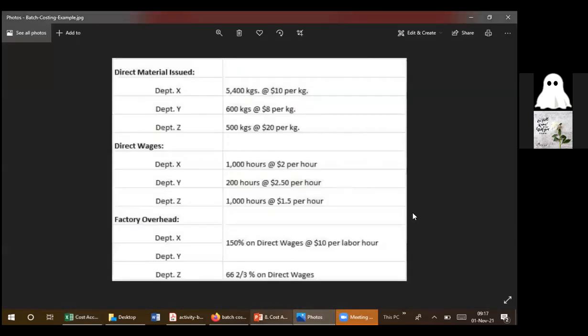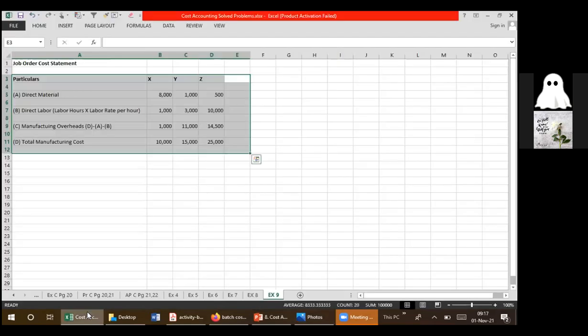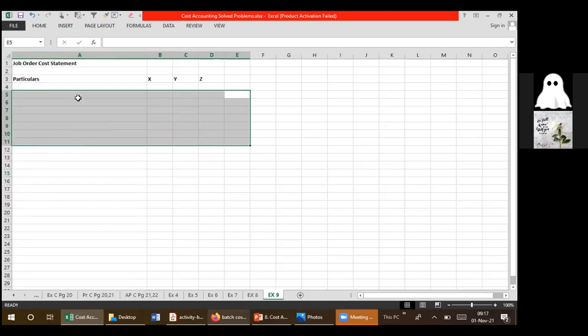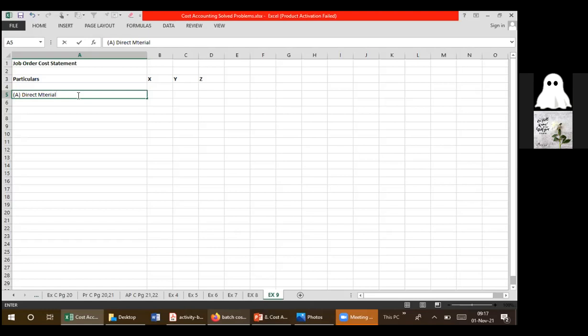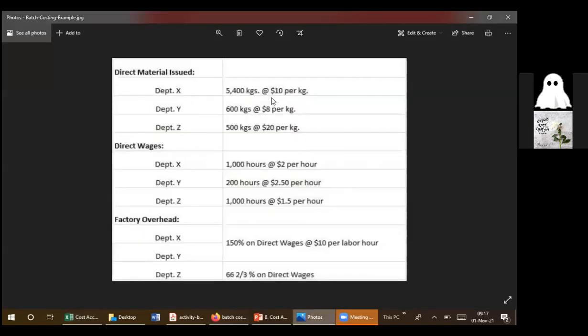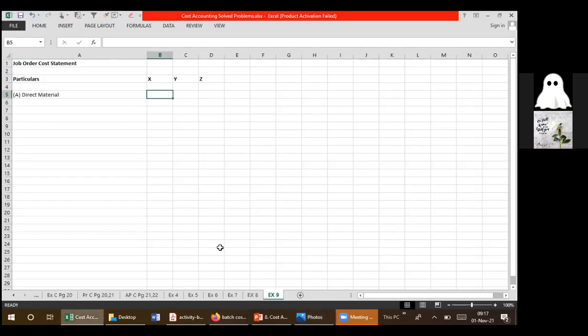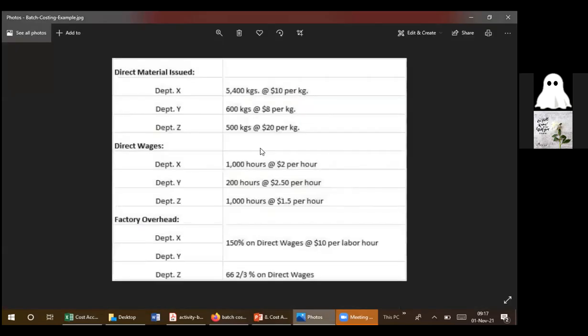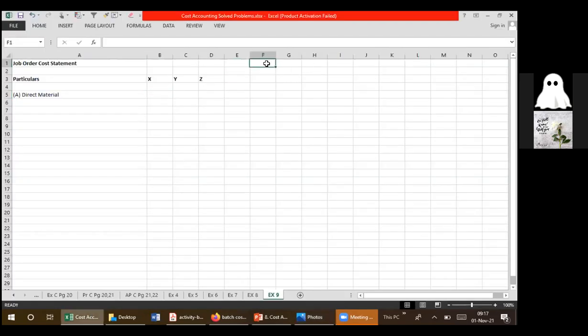So again, department X, Y, and Z. And we have first our direct material. Point A is direct material, which is 5,400 times $10 per kg. I have to put the question too. Let's put it here.